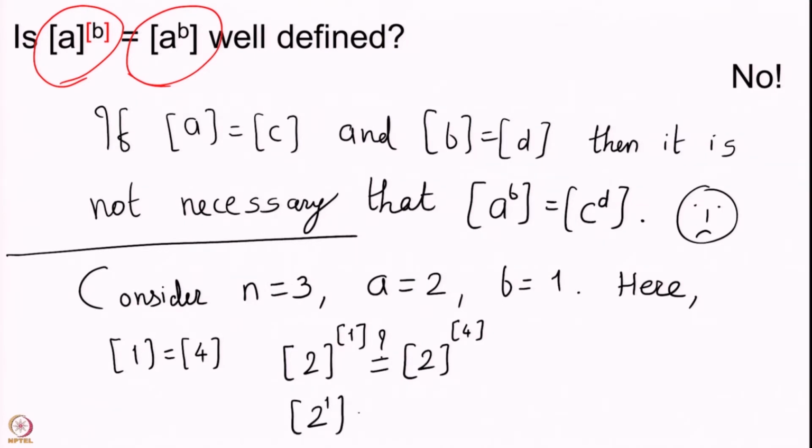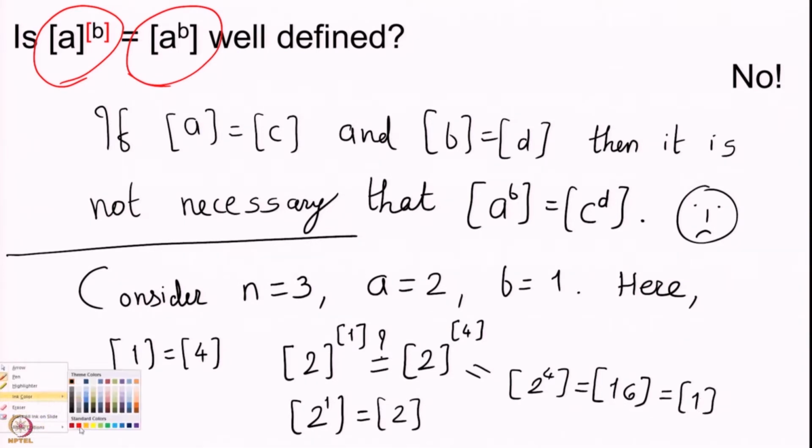This is class of 2 power 1, which is class of 2, and this on the other hand is class of 2 power 4. 2 power 4 is 2 into 2 into 2 into 2, which is 4 square, which is 16. And since your n is 3, class of 16 is class of 1, but class of 2 is not equal to the class of 1 modulo 3.